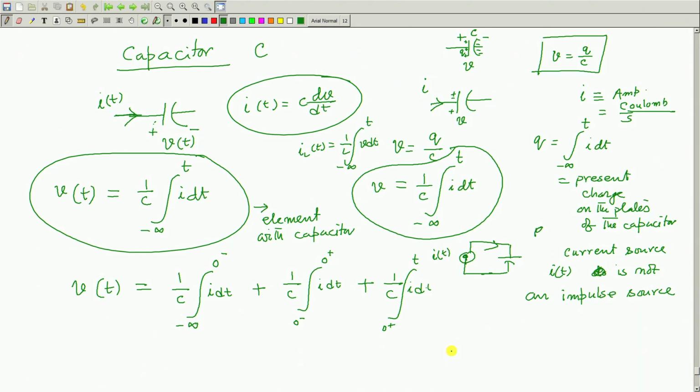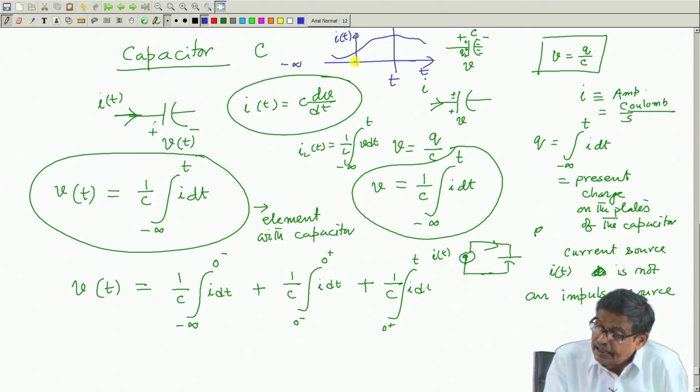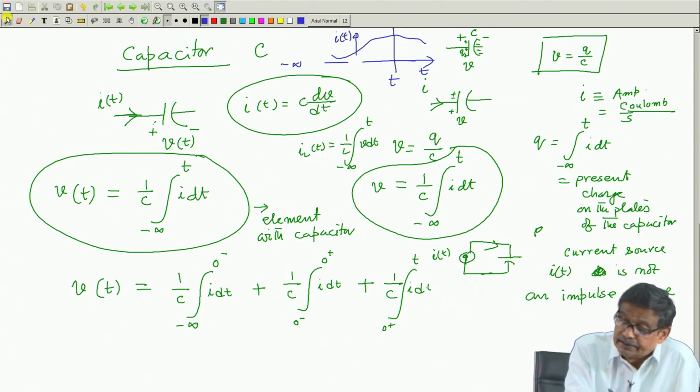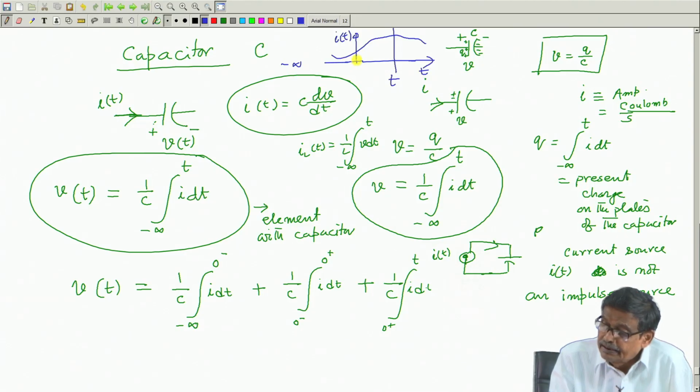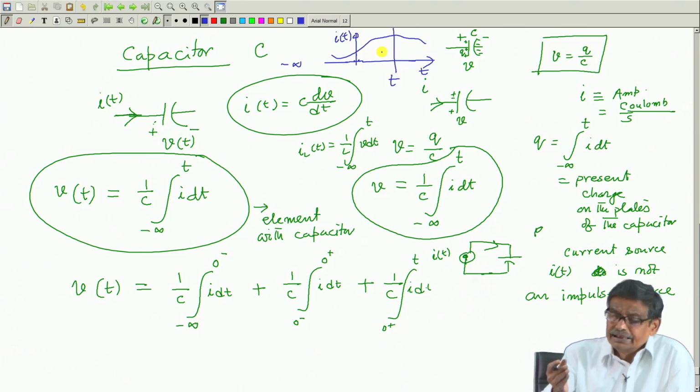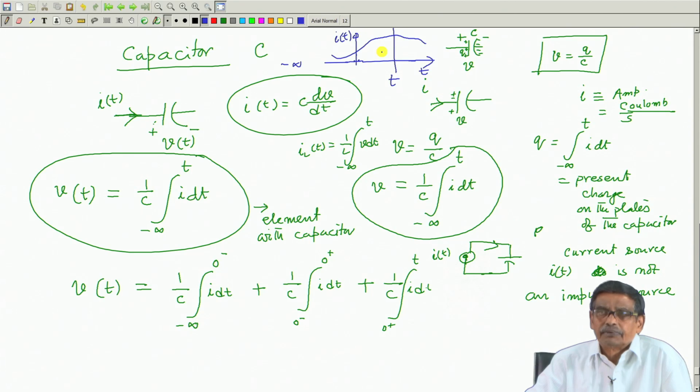So, I is a reasonably good function, of course of any arbitrary shape. For example, it could be like this. Suppose you feed the capacitor with this current over time, from minus infinity up to this time t. In the same way, 0 minus is a time here and 0 plus is a time there. And at t equal to 0, I am doing some switching in the circuit. That is what I want to mean.